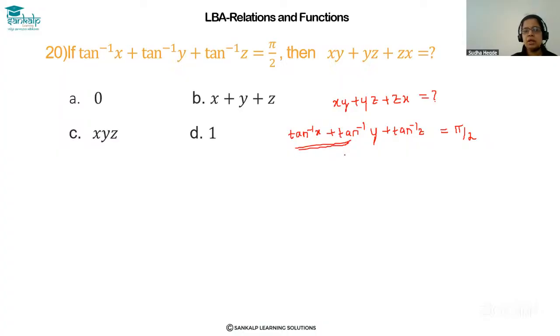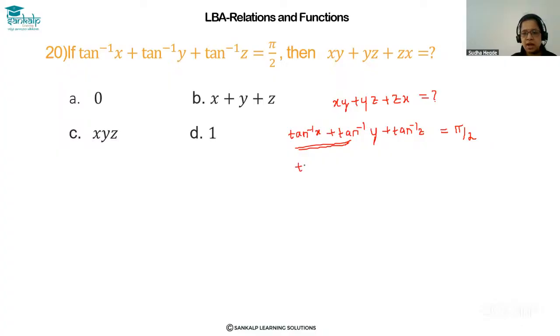So now first you consider this. Apply the formula tan inverse x plus tan inverse y is equal to tan inverse x plus y divided by 1 minus xy. So I'm writing directly.